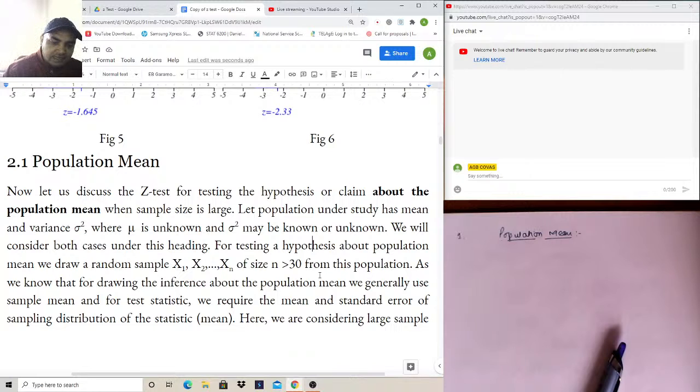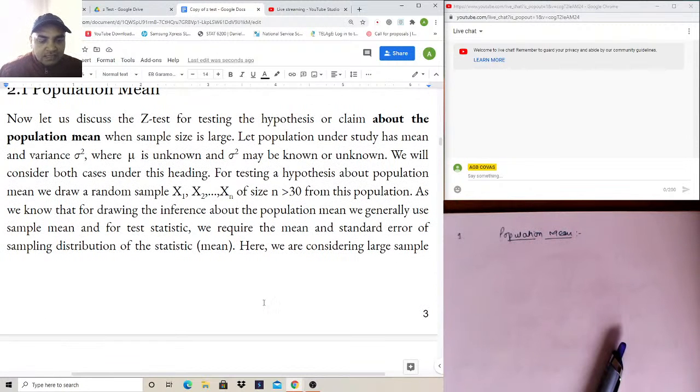And for the test statistic, we require the mean and standard error of the sampling distribution of the statistic mean. That is, every sample drawn will have some mean. That sampling distribution we have already discussed in our last class, that is the central limit theorem. So we will be using that sampling distribution statistic.